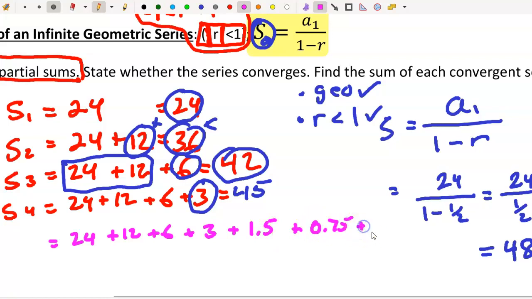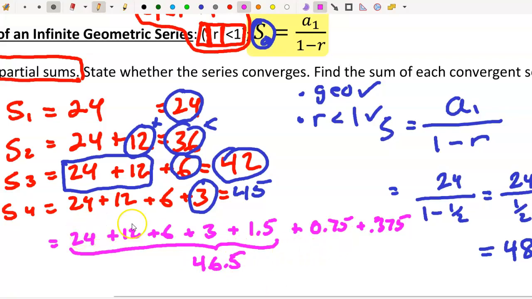And divide that by half, you get 0.375, right? If I add up these numbers, this would add up to 46.5, right?